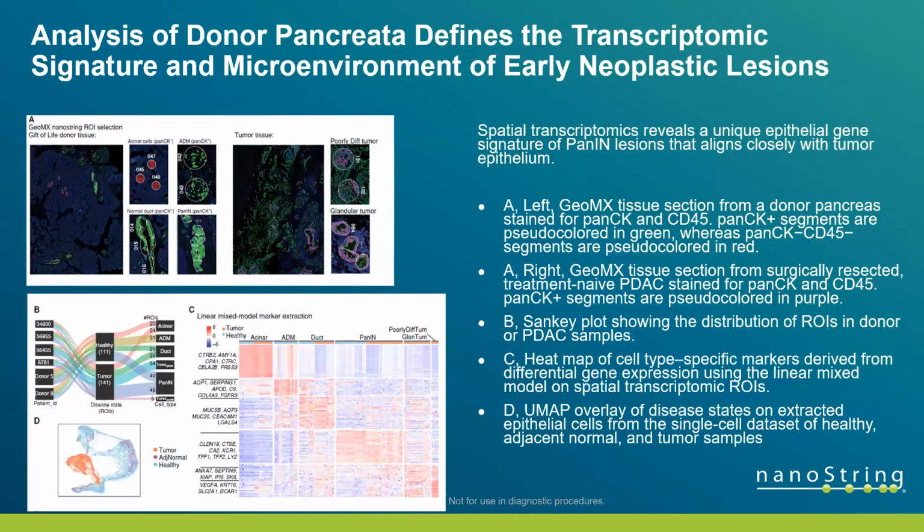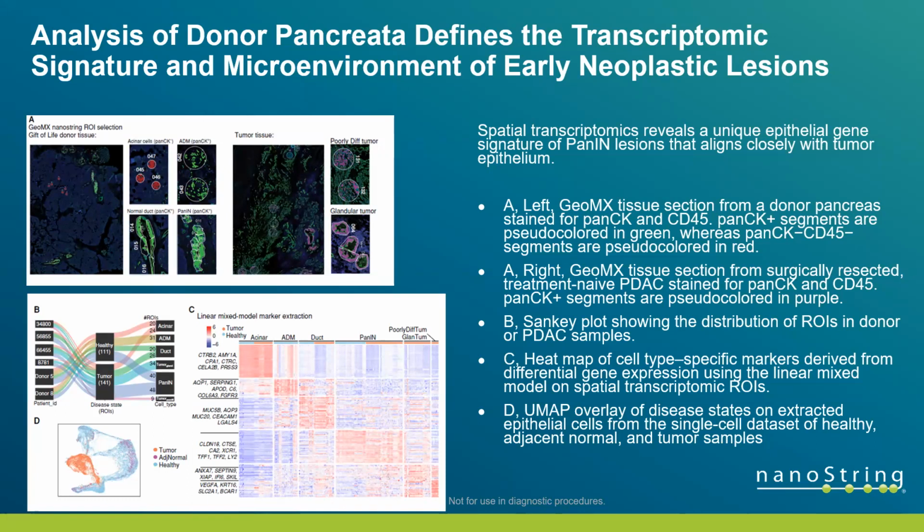So one publication that came out this past summer was through the work performed at the AGC. This looks across donor pancreas at the transcriptomic signatures in the microenvironment of early neoplastic lesions. It's a great use case study of not only profiling across specific cells within pan-CK positive and negative cells, but also looking across these tumor tissues, including the poorly differentiated tumors as well as the glandular tumors.